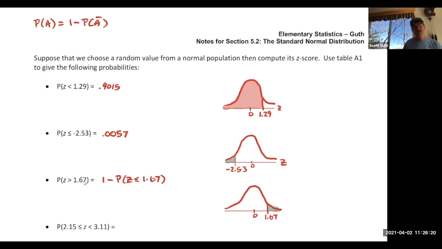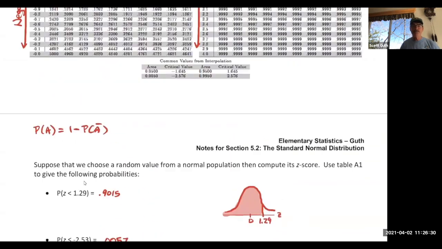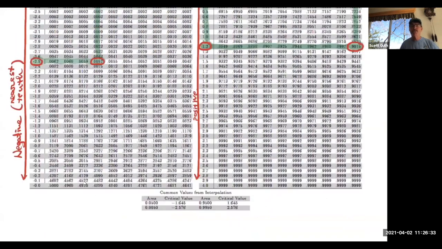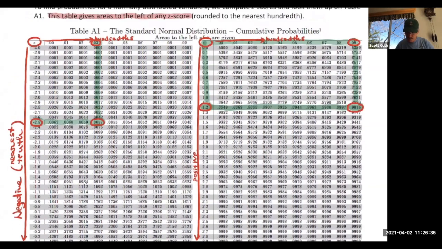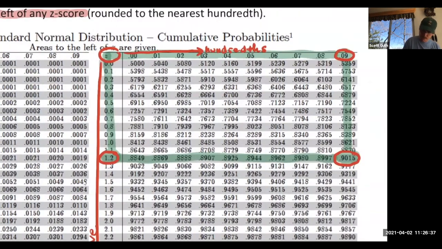Okay, now what does that mean? Well, I think we better look up 1.67 in the table. So now I'm going back up and looking for 1.67. I'm going to erase some of my prior mess.